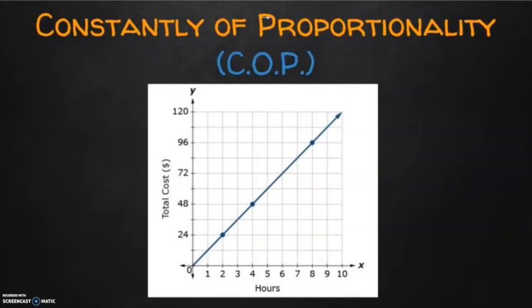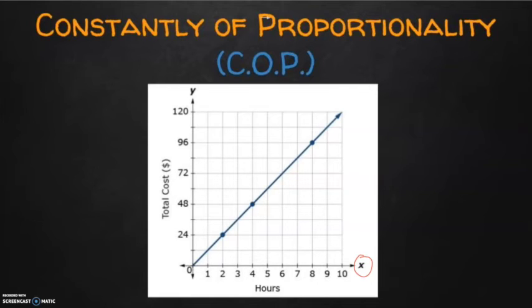Okay? Now, there is a very easy way to find out what our constant of proportionality is. The easiest way is that we look on the x-axis, which goes horizontally. As you see here, that is the x-axis. It goes from left to right.